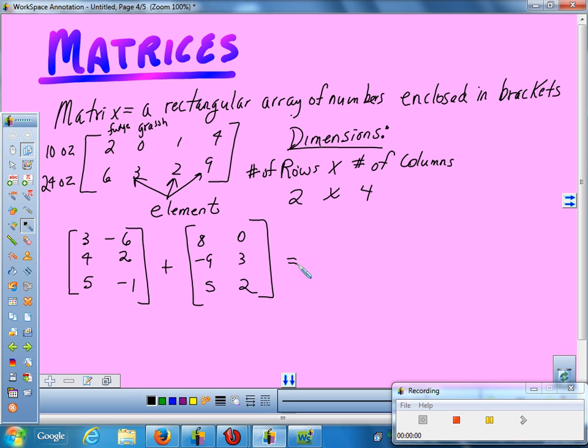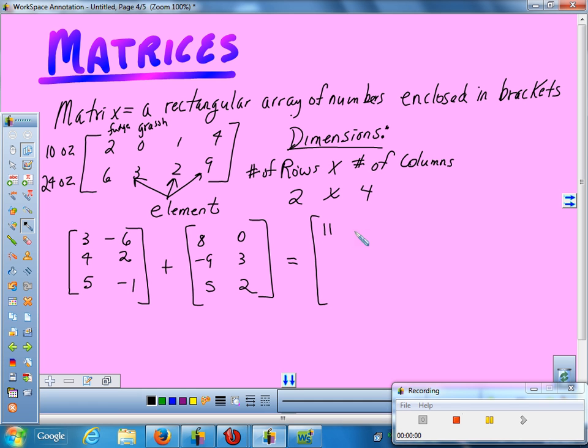So you're saying add 3 to 8, negative 6 to 0. Top left corner to top left corner, top right corner to top right corner. Yeah, makes sense. The ones that are in the same location, the same spot, you add together. That's all it is. Told you I was going to blow your mind.